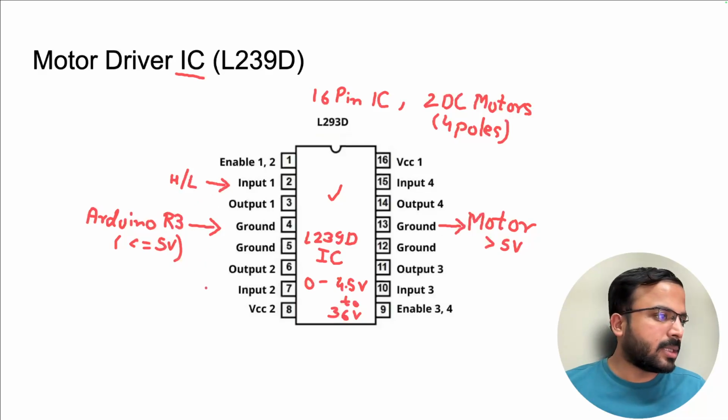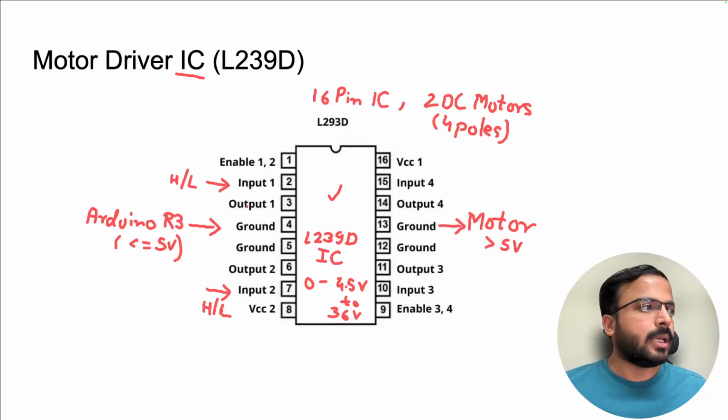And you connect this input also to high and low. That is what you can do. Now based on this high and low, you connect this output to one pole of the motor and input 2 to the other pole of the motor.